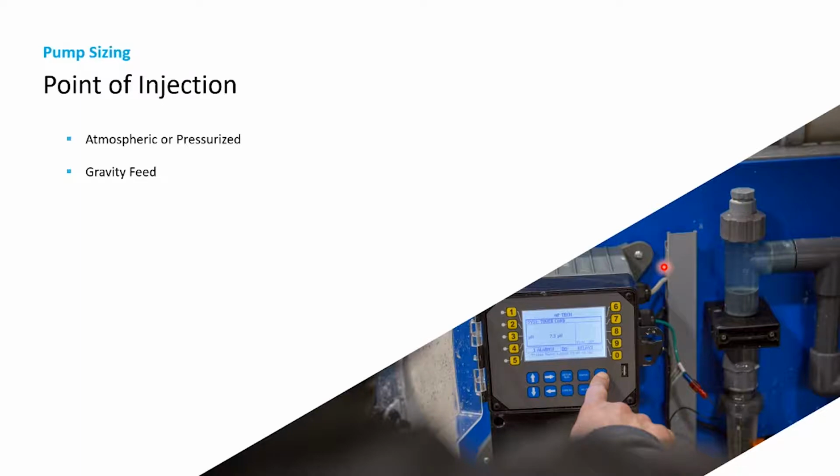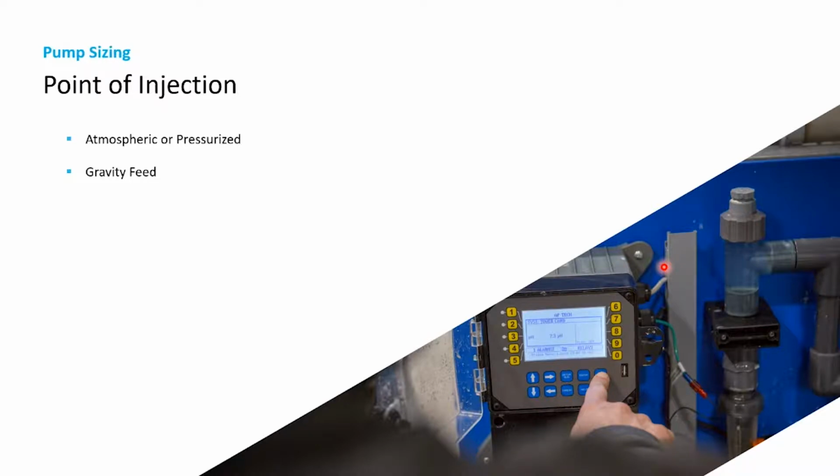But the pressurized recirc line, you really need to take a look at what your pump is rated for pressure-wise, as well as how much volume at that pressure, because a chemical pump can be rated for, let's just say, 150 PSI. But as you go up in PSI, let's just start at 50 PSI, you're going to have greater volume pumping capabilities at 50 PSI than at, let's just say 100, when the pump is rated at 150 PSI.